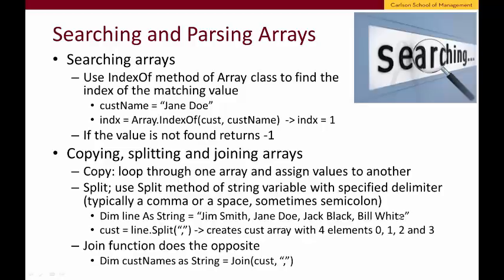Then we would read the entire line into a simple string variable and parse the data pieces using the split method right here, of a string variable, and then assign the results to an array, which in this case would have 4 elements. In our case, it would have had 10. The join function at the very bottom of the slide does the opposite, taking array elements and concatenating them into one long string separated by commas, if that's something that would be useful.